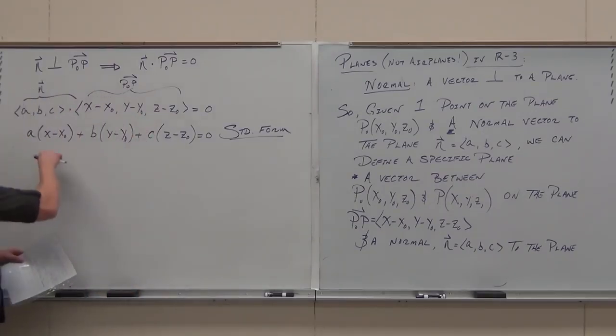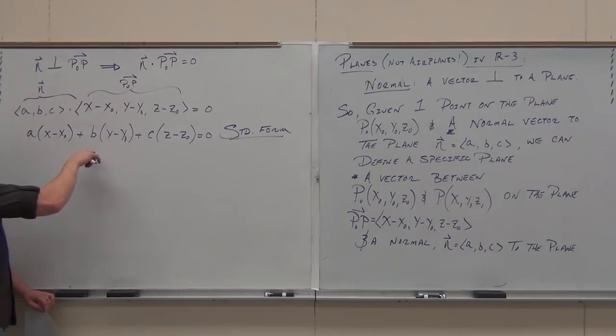If you distribute all this junk, I want you to jump down to here. What happens is we get this AX. We get an actual number. Do you see it? I'll show you.